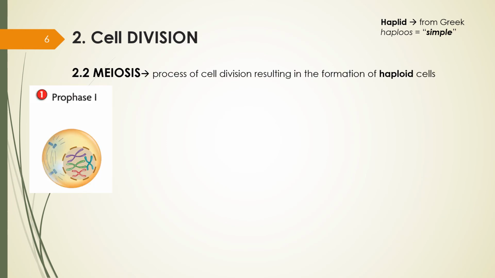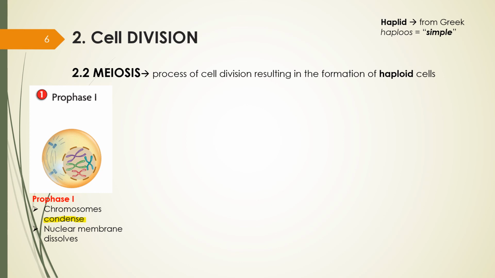So in prophase, who remembers what prophase is in mitosis? Prophase, what happens? Chromosome condensation. So this is the key, it's the same. The chromosomes will condense. Remember the name of the protein that helps the chromosome to condense? Yes, it is histone. Very good. And what else happens?